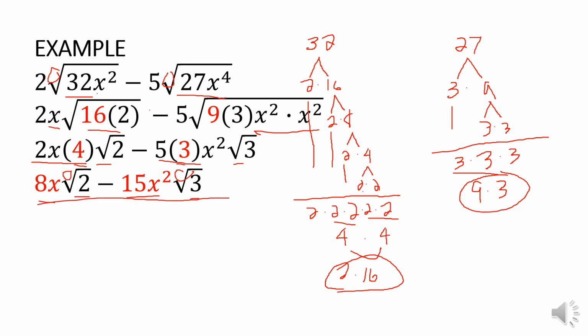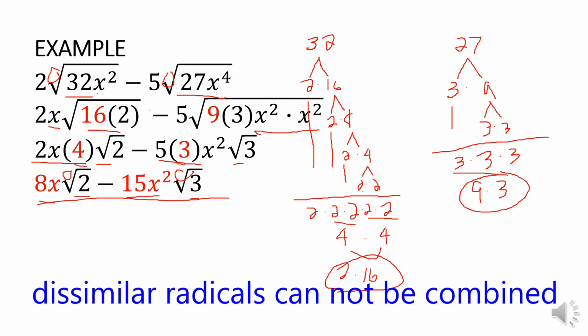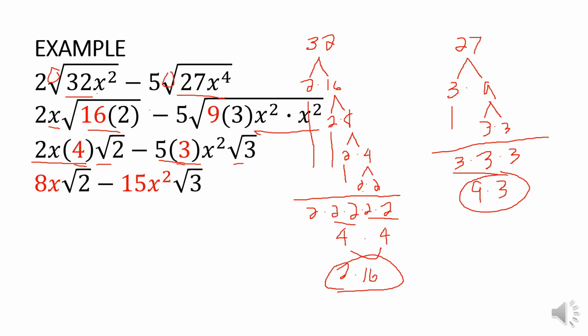So these radicals are not similar radicals. Therefore, we cannot combine them. We cannot subtract. So the answer is still 8x square root of 2 minus 15x squared square root of 3. This will be now our final answer.